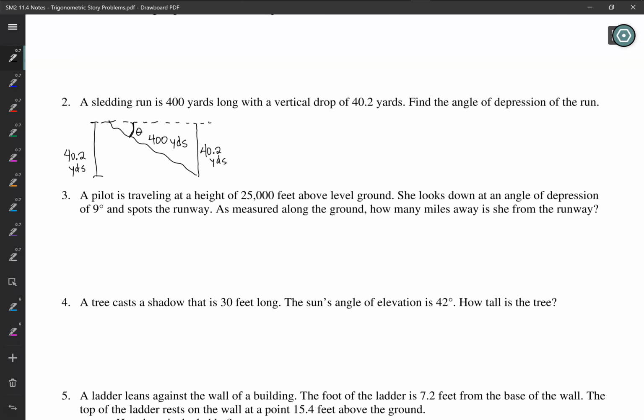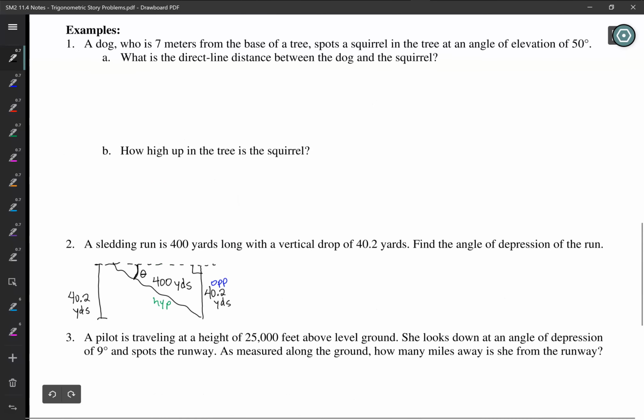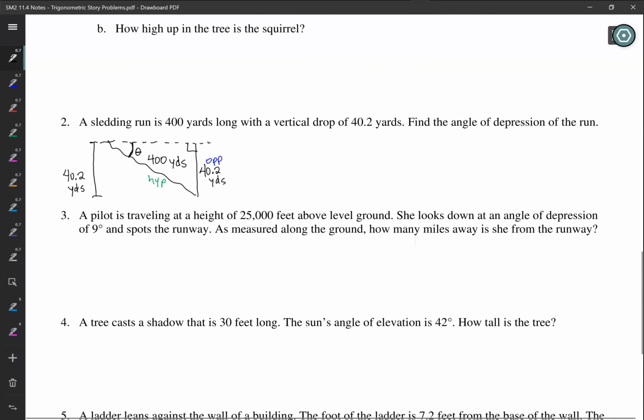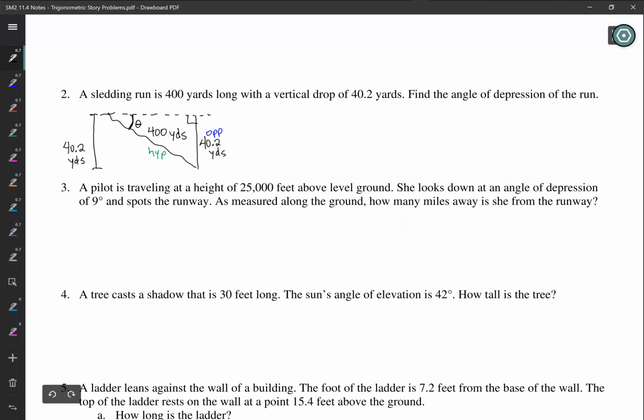So if we look at it this direction, our right angle would be up there. The 400 yards would be the hypotenuse, and the 40.2 would be opposite that angle theta that we're trying to figure out. Opposite and hypotenuse, that would be sine.